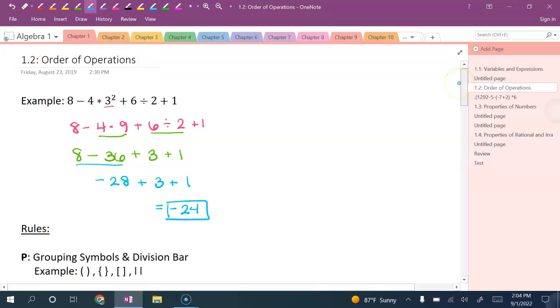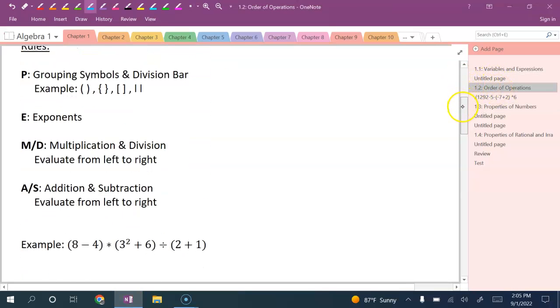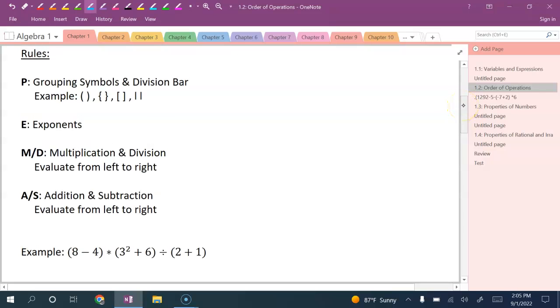So I talked through those rules already as I was going through that example, but these are your rules for order of operations, and a way that you may have learned this in the past is known as PEMDAS, or you might have been taught to say, please excuse my dear Aunt Sally, in order to remember what PEMDAS stood for, or to remember the order of the letters.